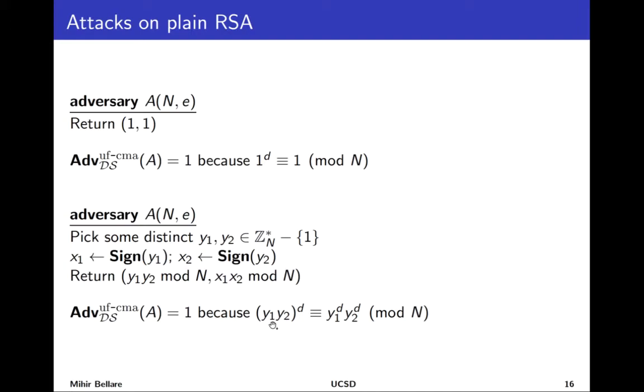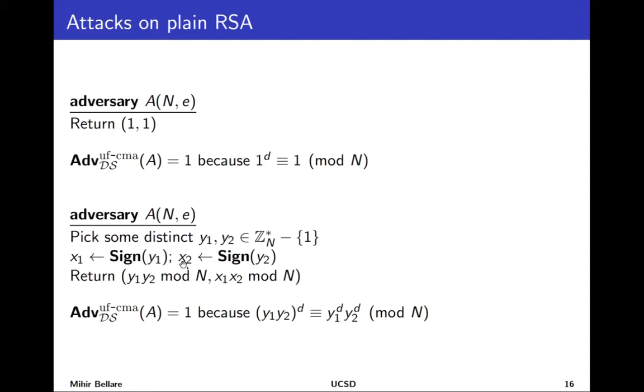Mathematically, it's entirely evident. Nothing really to say about it. But now, think about it in terms of signatures, and it's saying something much more interesting. It's saying that if y1 and y2 are messages, this is the signature of their product. The signature of the product of messages is the product of the individual signatures of the individual messages.